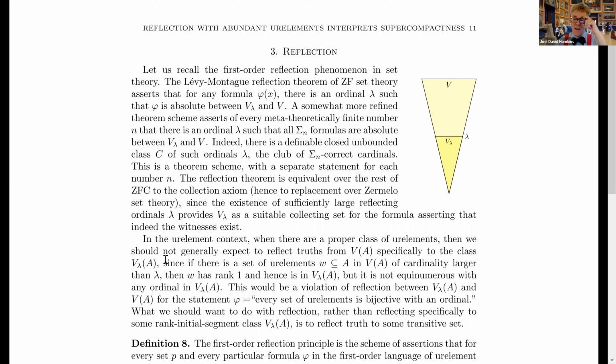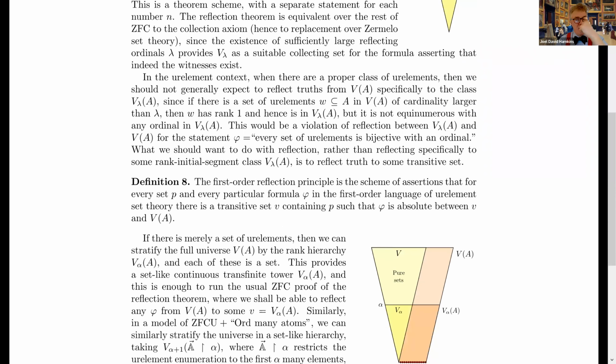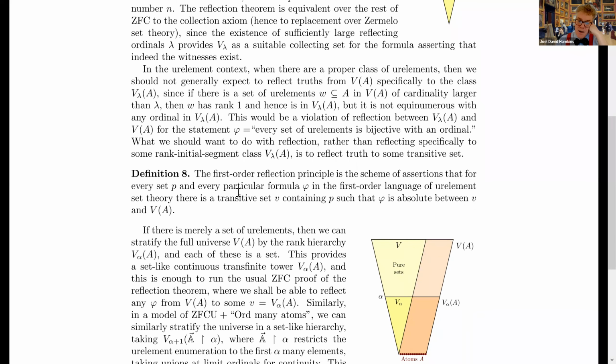So we don't expect to reflect from V(A) to V_lambda(A). Rather, we should reflect from V(A) to some transitive set. So the reflection statement in the atom context says that for every set p and every formula phi, there's a transitive set V containing p so that phi is absolute between that transitive set and V(A). We're reflecting to a transitive set rather than to a rank initial segment.